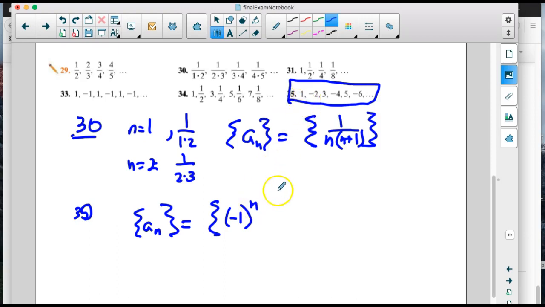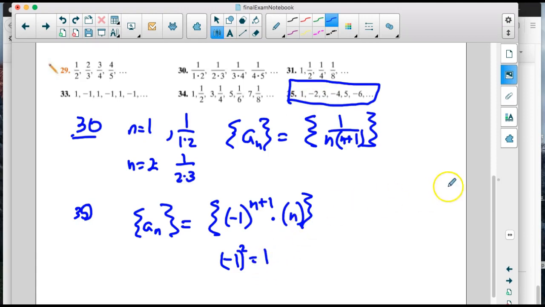But if we want it to be positive, we're going to need to add 1 or subtract 1 from this. Usually I just add 1. So that means now when we put in 1 to this equation, it'll be -1 to the second power, which is +1. And we're going to multiply that by n, because n is the term number that we're at.